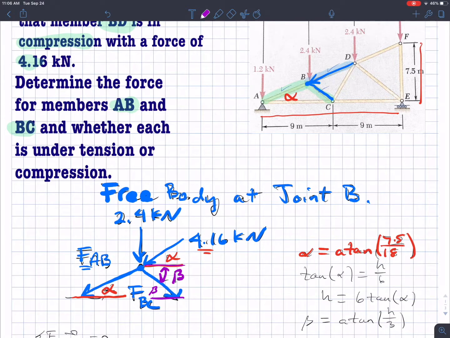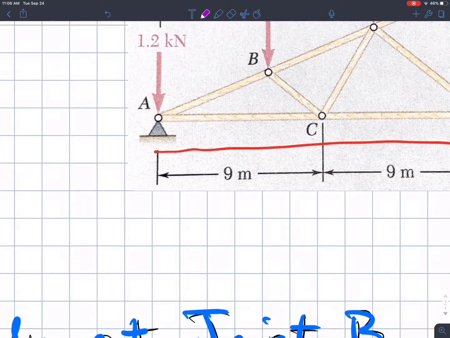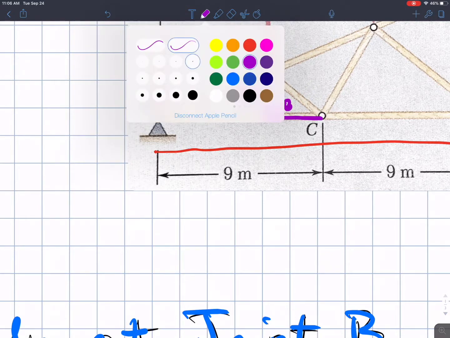So I'm looking at this triangle here. Let me clear off some of this junk so we can zoom in. All right, I want to know beta right here. All right, if I had this height and this distance, I could get beta.